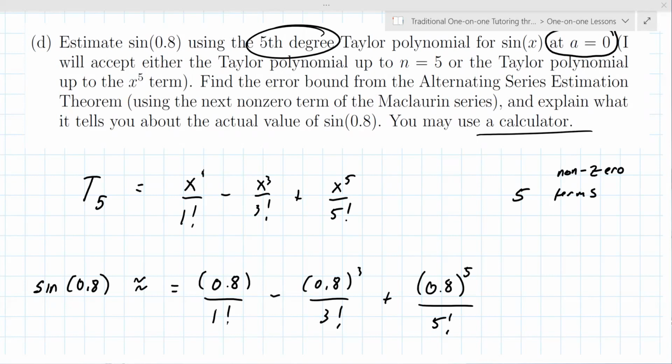So we have x over 1 plus x minus x cubed over 6 plus x to the 5th over 120. You should definitely check this number, but I get 0.71740.